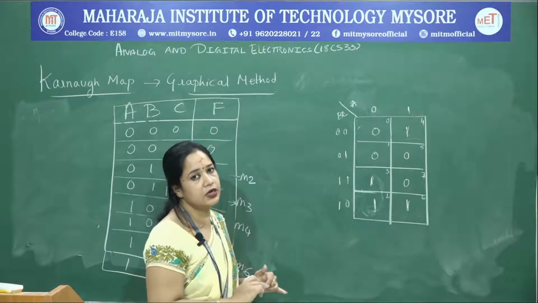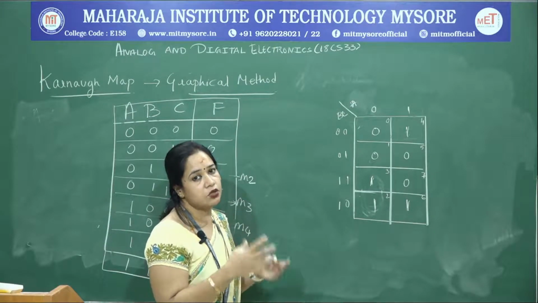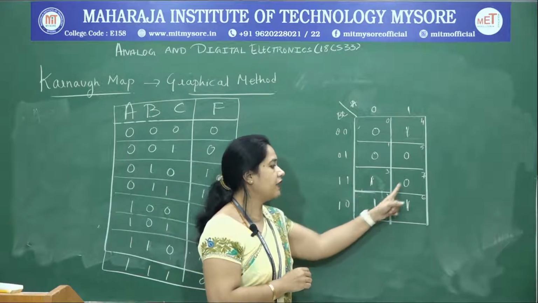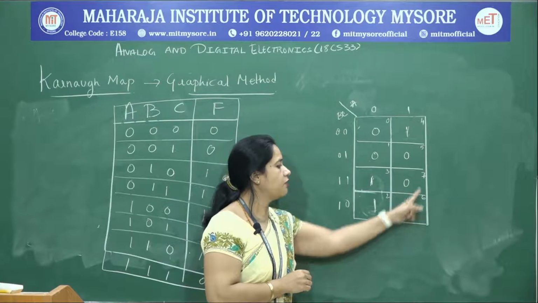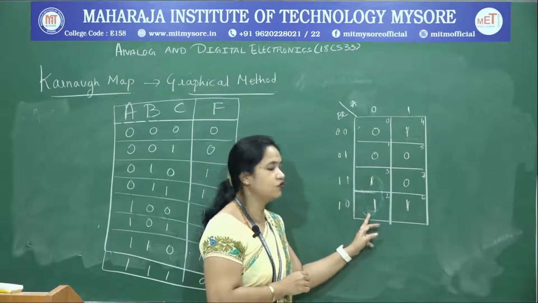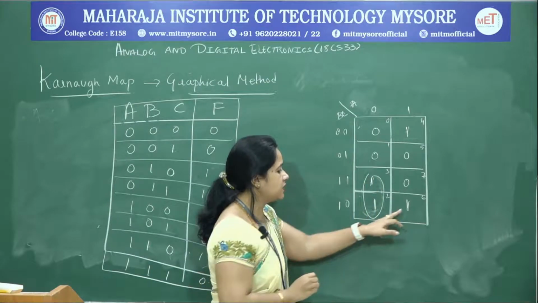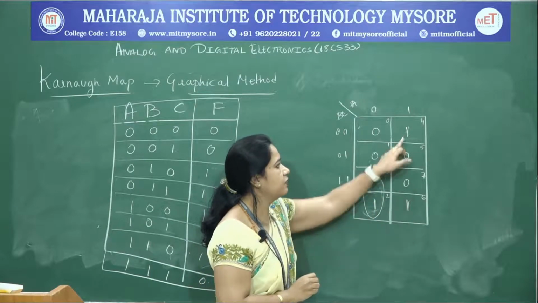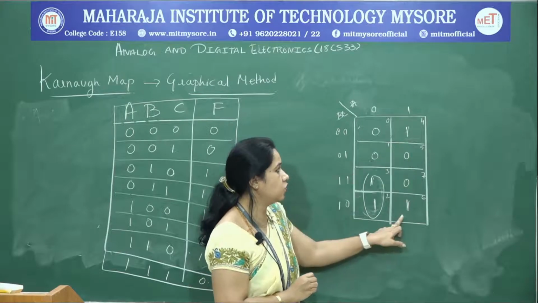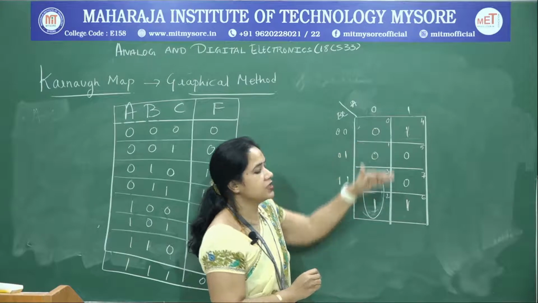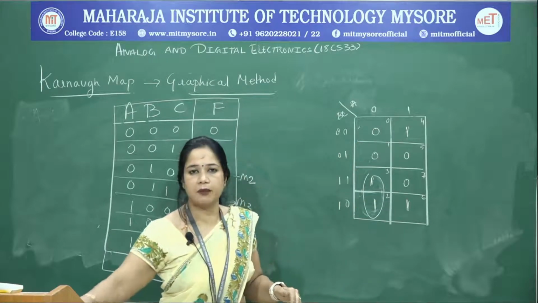Groups here are adjacent ones, and always look for larger groups. Here I find 2 ones. Had a 1 been present here, this would have formed a quad, but because there is no 1 here, these 2 form a pair. I identified this as a group. And please note, this is a pair, but this will be left out. Please consider these two again form a pair, because you can just imagine a piece of paper here.